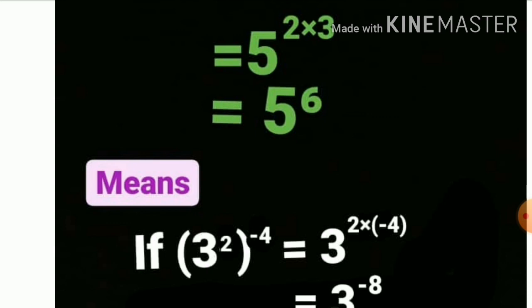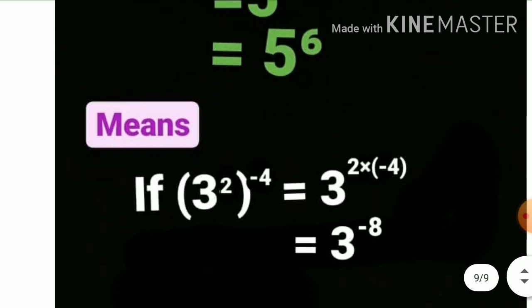To get the value we multiply 5 how many times? 6 times. So 5 into 5 into 5 into 5, like this you will multiply 6 times to get the value.